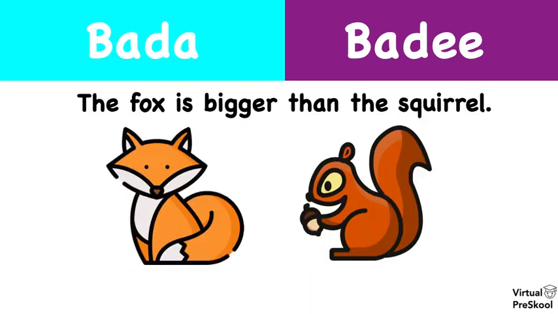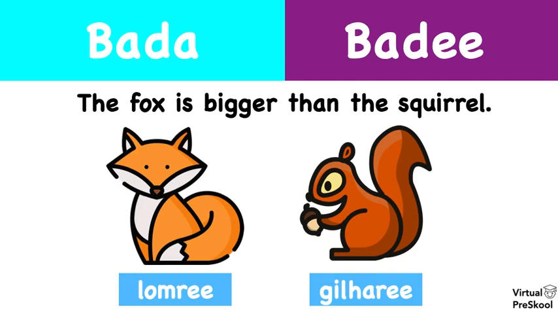Let's do another one. The fox is bigger than the squirrel. Fox in Hindi is lomadi. Squirrel is gileri. So would we use bada or badi? Well, what's the sentence about? Is it about the fox or the squirrel? It's about the fox.